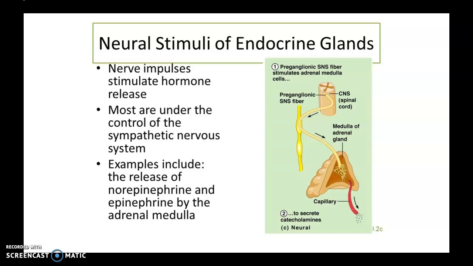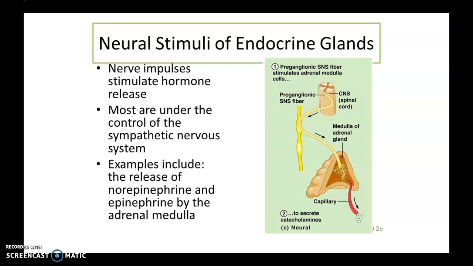Now, some axons of neurons, their synaptic terminals are found embedded in a gland, and that gland is an extension of the nervous system. So, what does that mean? In this picture, you see the adrenal gland, and the picture also shows nerves terminating in the adrenal medulla.